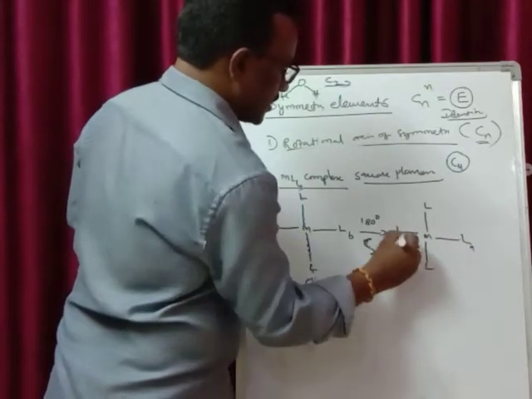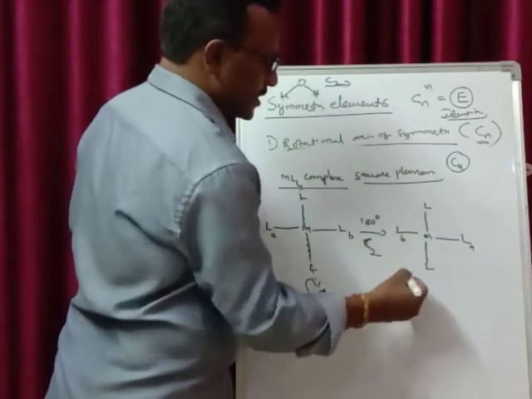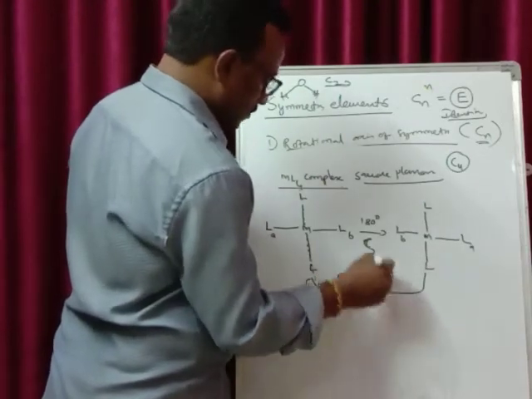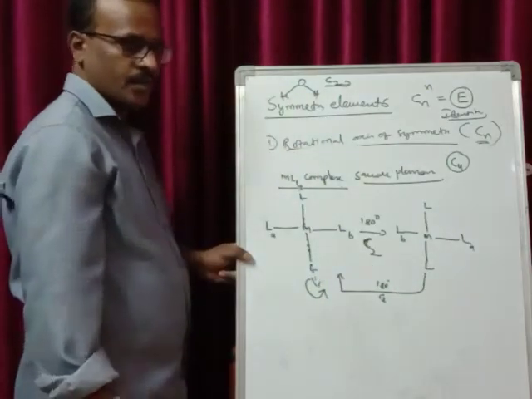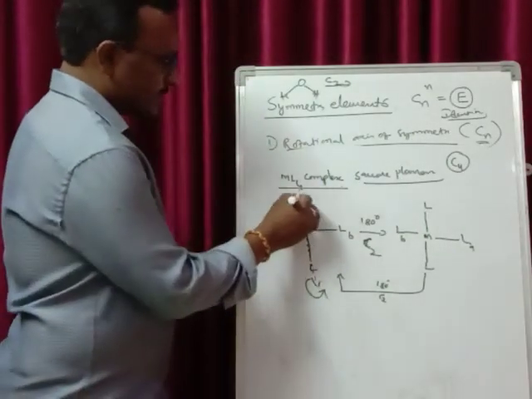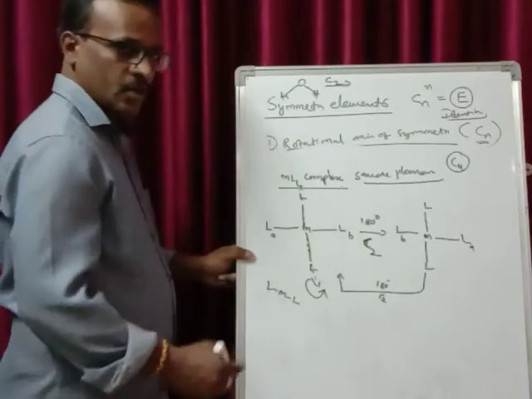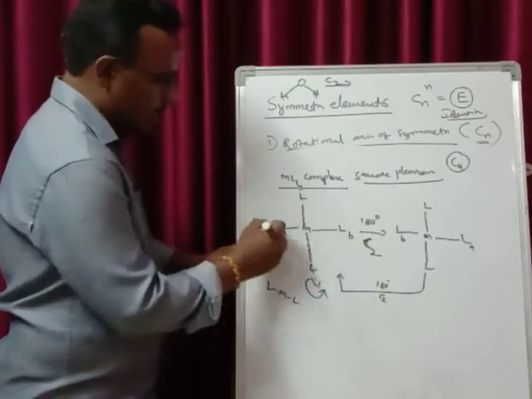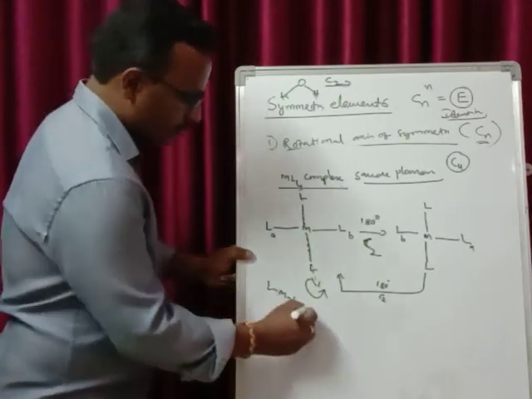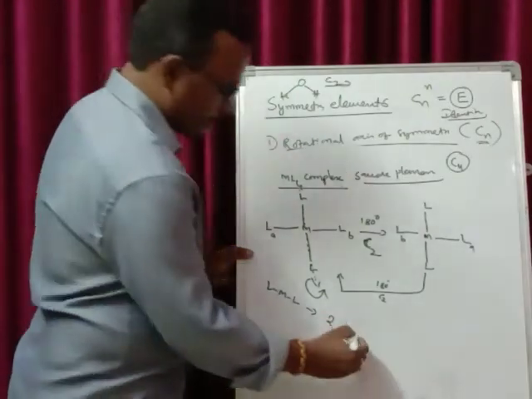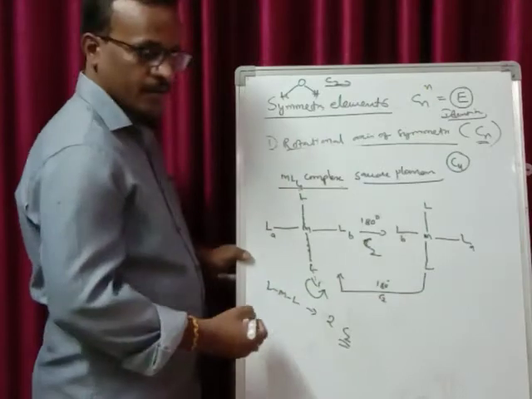LA comes here, LB. This is again repeated for the second time. Again 180 degrees. C2 twice will give you the identity element. That is, the axis is passing through L, M, L. So you see that there are two LML bonds. Therefore we say that there are two C2s which are passing along the LML bonds.